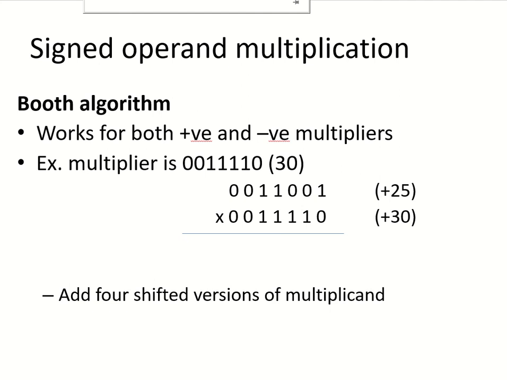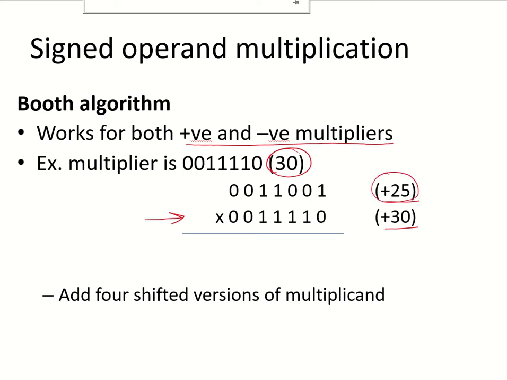Now we have an algorithm which is called the Booth algorithm, which works for both positive and negative multipliers. Suppose the multiplier is 30, and if we have to multiply say 25 with 30, what will we have to do? Based on the number of ones which are there in the multiplier, we will have to add a shifted version of 25.